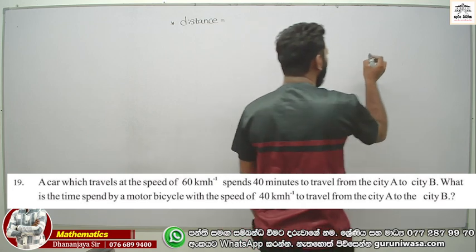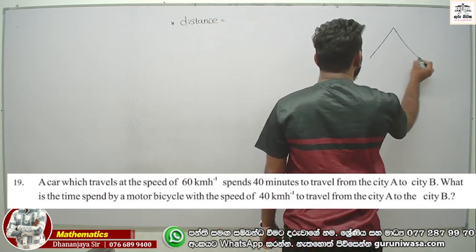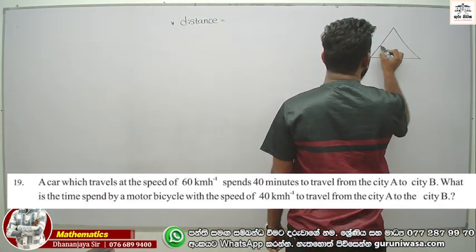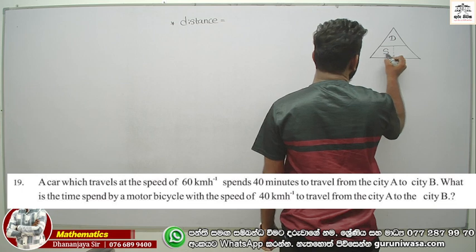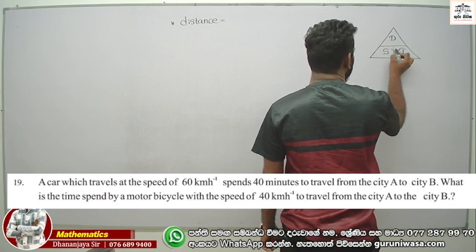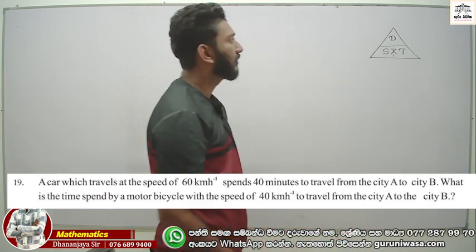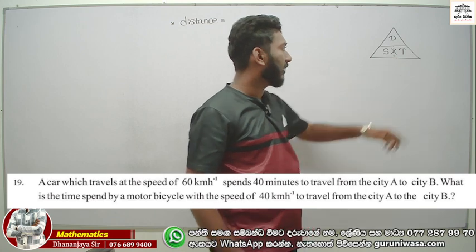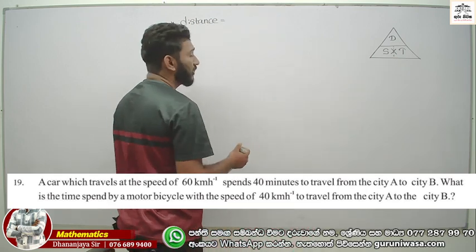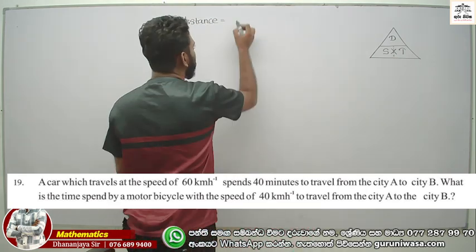And you know this one we call as a triangular shape. DST triangle. DST. And do you want to find the distance? You need to multiply speed and the time. Now, speed is a 60 km/h minus 1.